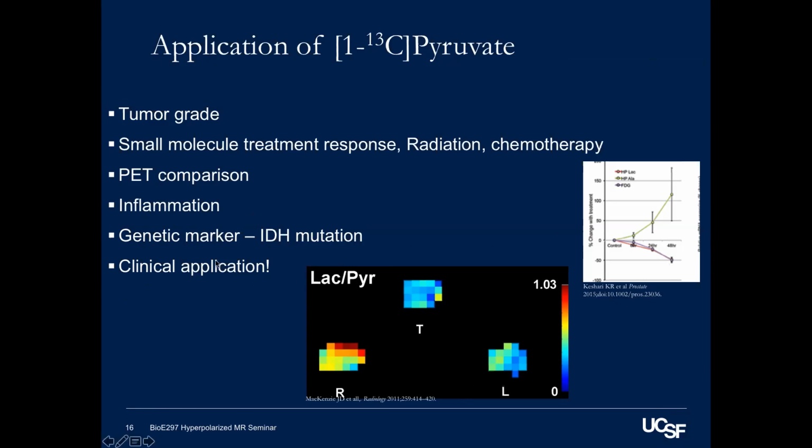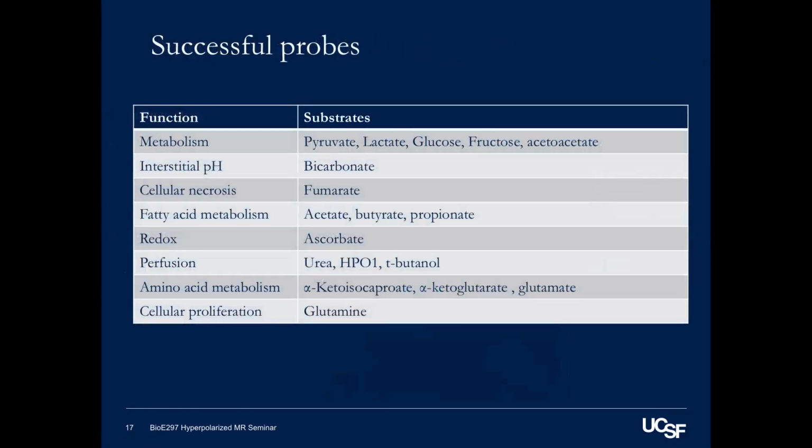And the biggest application is the ultimate clinical translation and application in 4 different pathologies now, totaling over 18 trials across the world. And here are very key examples of successful probes that have actually been used in an in vivo setting.